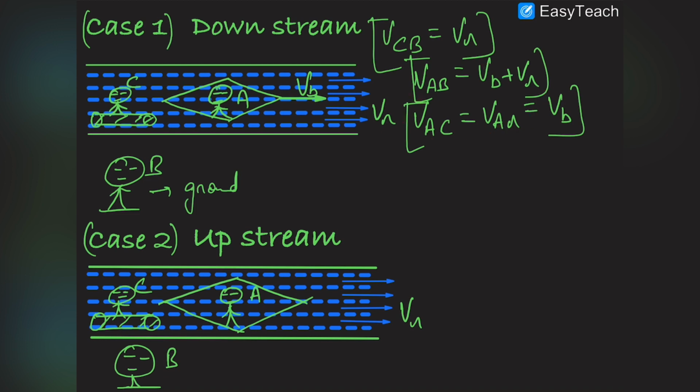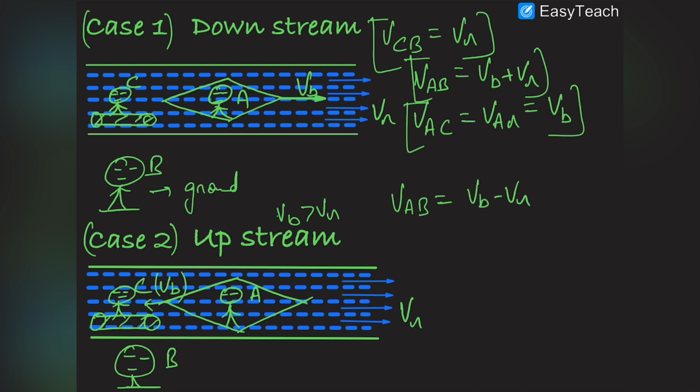Now in the case of upstream, when the boat is moving in the opposite direction of the river current, let's suppose in this direction, with the velocity VB, which is the velocity of the boat with respect to the river. If you write down the velocity of the boat with respect to ground, which is B, considering that VB is greater than VR, VAB would obviously be VB minus VR.